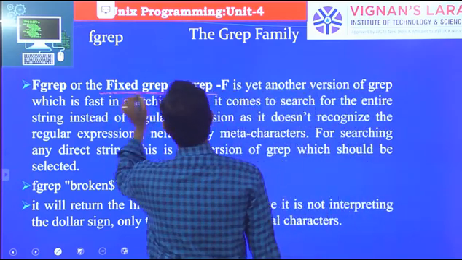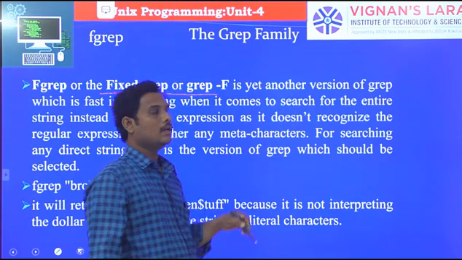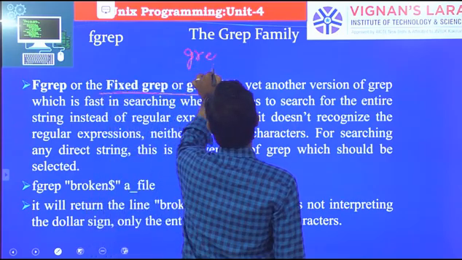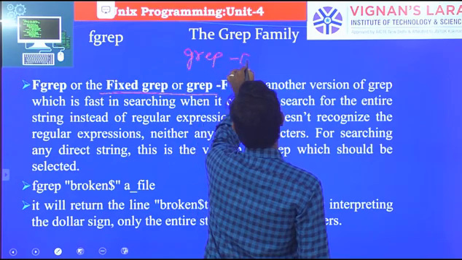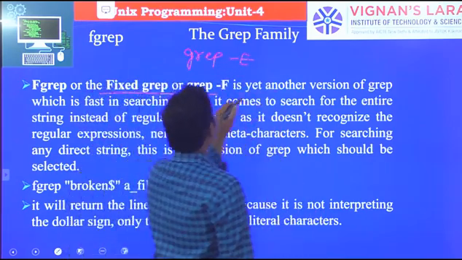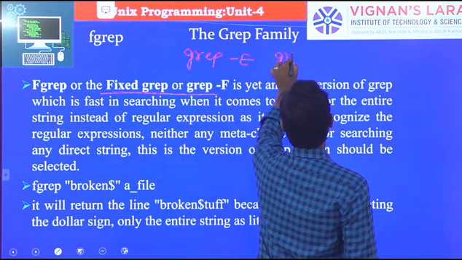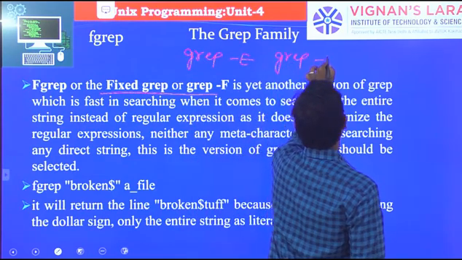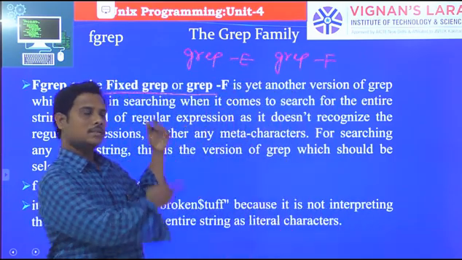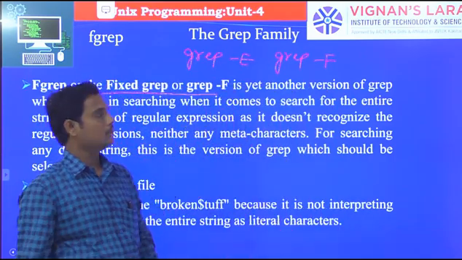Now, fgrep is fixed grep. These options are also available in egrep. If you use grep with option E, the same output is displayed as egrep. If you use capital F with grep, it is called fgrep.